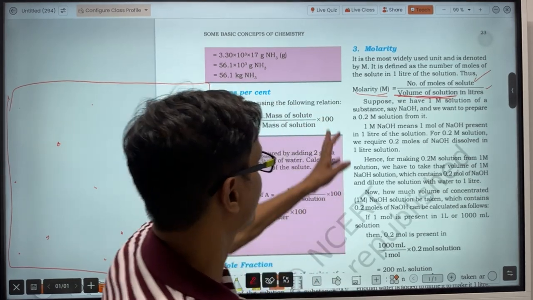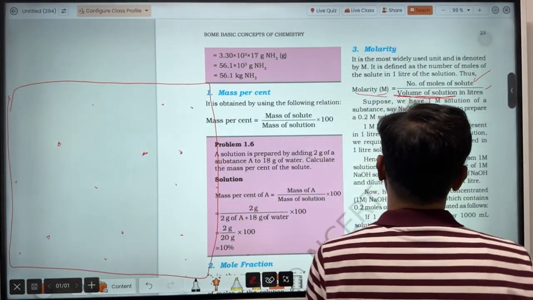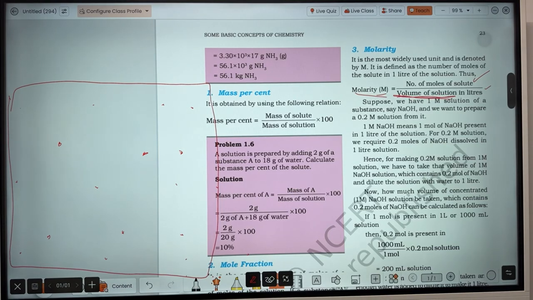So when you calculate molarity, we consider the number of moles of solute and the volume of the whole solution. Keep that in mind.